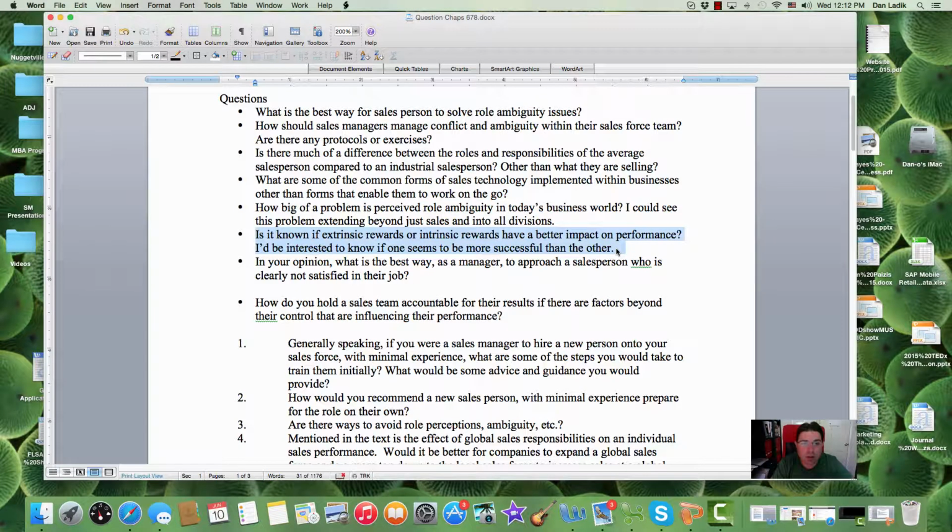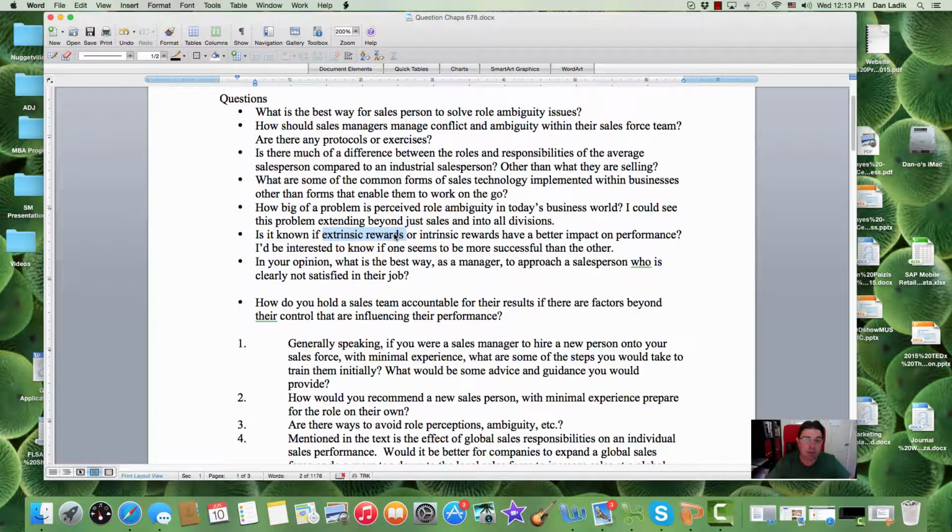Is it known if extrinsic or intrinsic rewards have a better impact on performance? All right, let's talk about this. Extrinsic is way more common than intrinsic. Extrinsic rewards are measurable, meaning money or a trip or a parking spot. They are a thing.